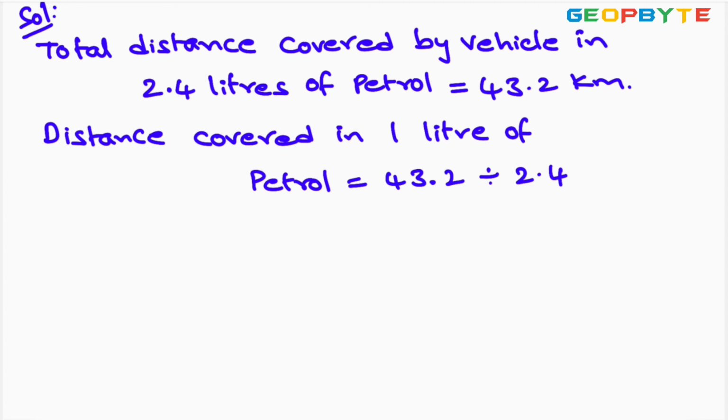So we need to find the distance covered in 1 liter of petrol. Then what we need to do is divide the total distance covered by the amount of petrol used.